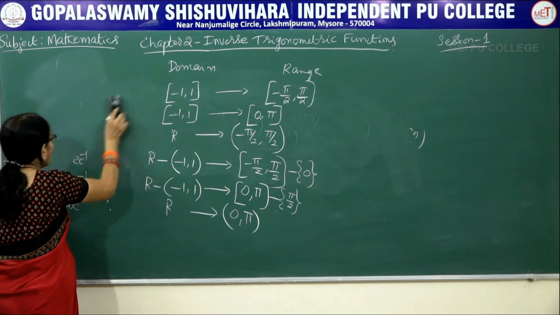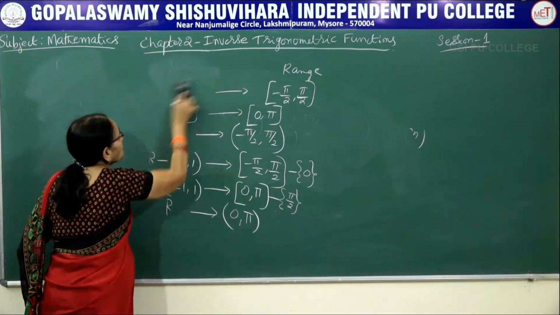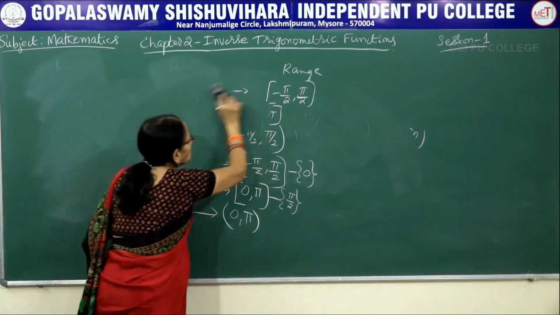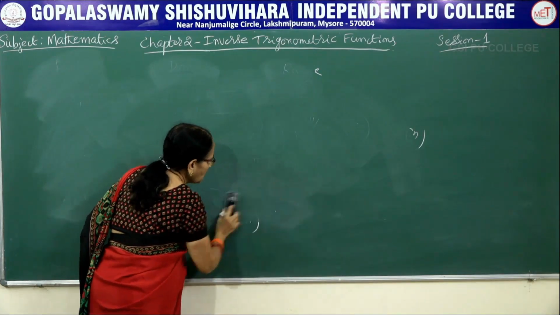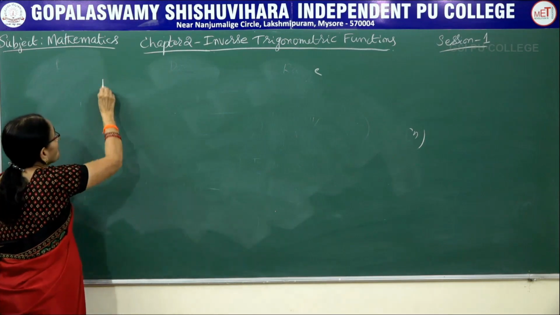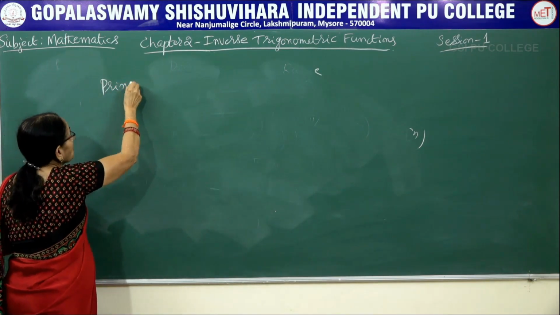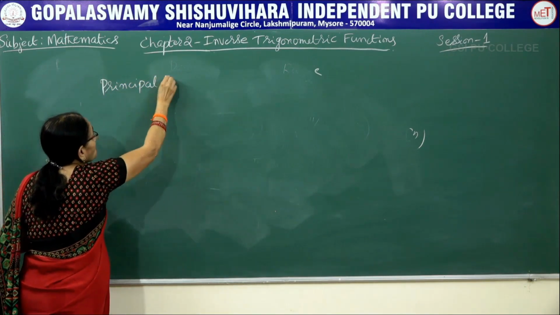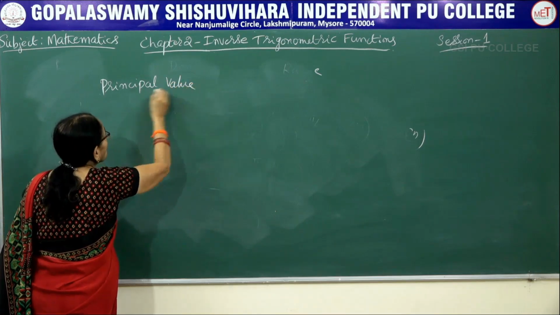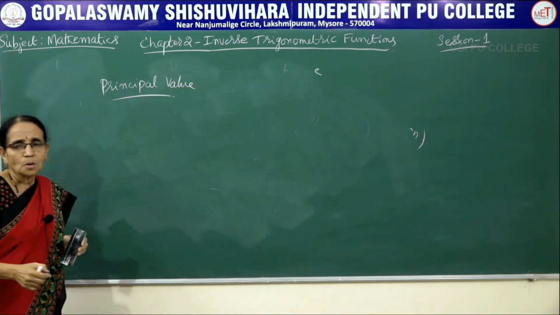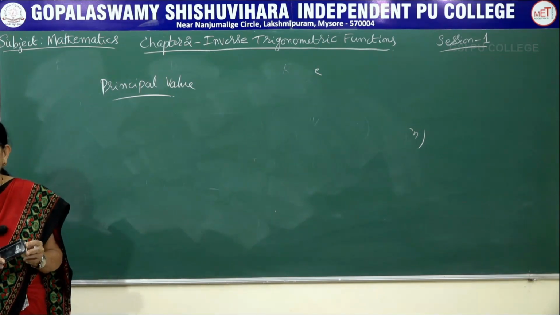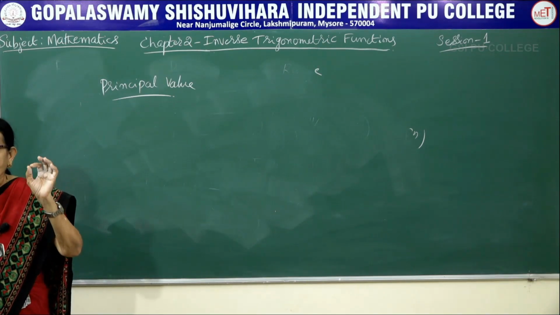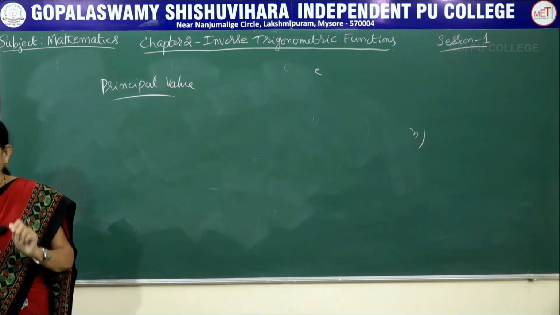Now we define another word, principal value. What do you mean by principal value? The principal value of an inverse trigonometric function is the value of the inverse trigonometric function which lies in the range of the principal value branch.